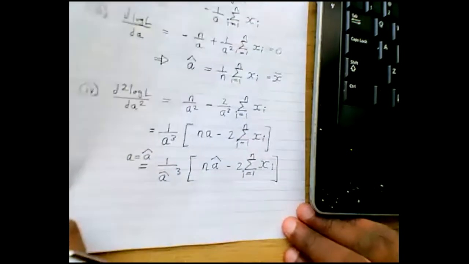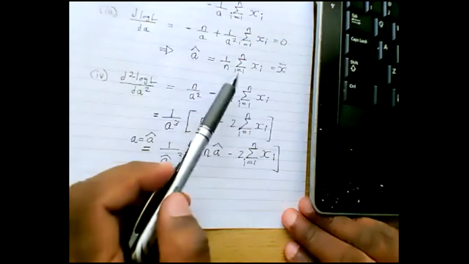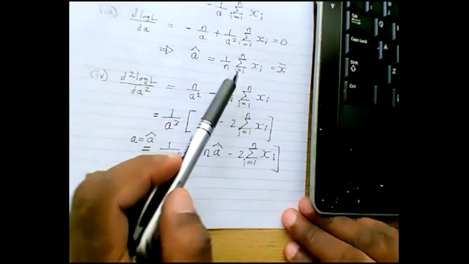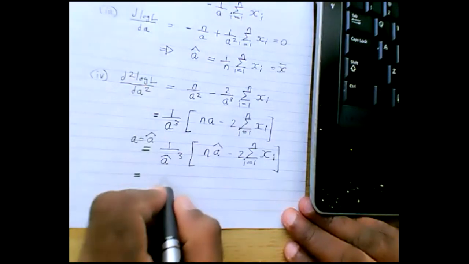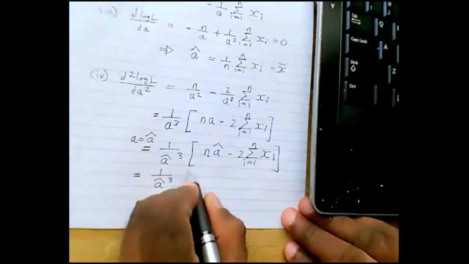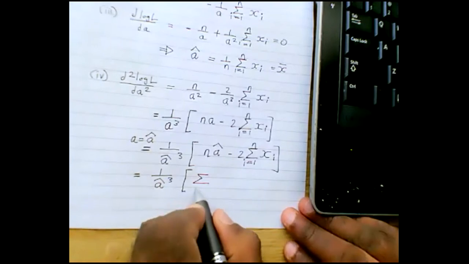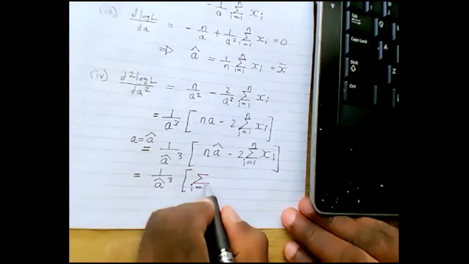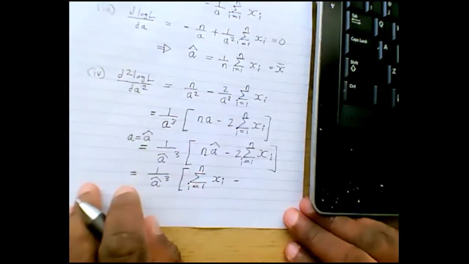You guys follow me? Now we know from step 3 that a hat is equal to 1 over n times the sum of xi. So n times a hat is going to be the sum of xi.